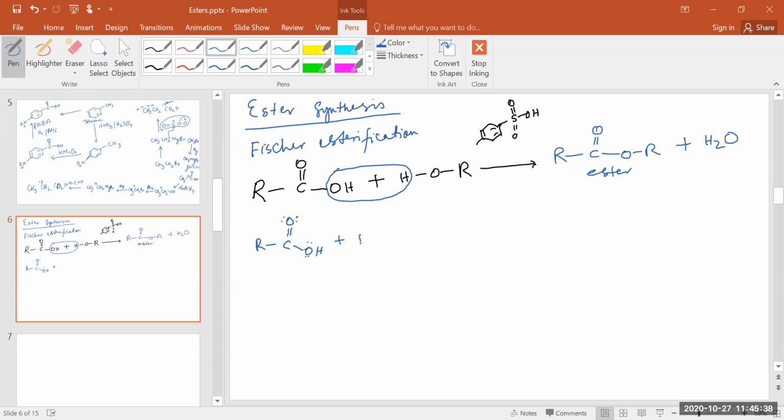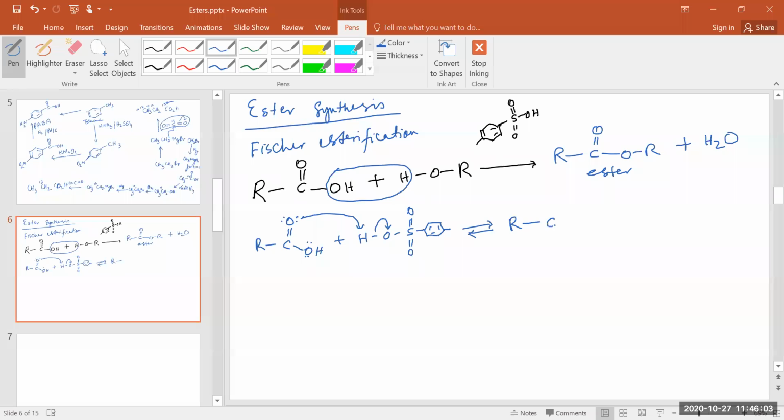And you have this acid, paratoluene sulfonic acid. So what will happen? The carbonyl oxygen will get protonated. And remember, all the reactions are reversible.